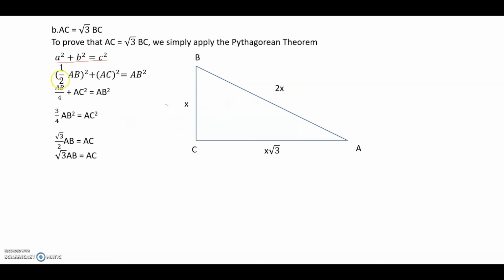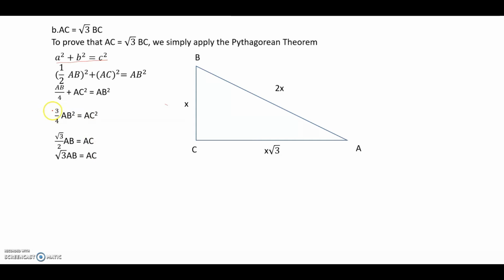Next, we're going to square 1/2 AB, which becomes AB squared over 4, plus AC squared equals AB squared. And then you transpose AB squared over 4 to this side, leaving us with 3 over 4 AB squared equals AC squared.